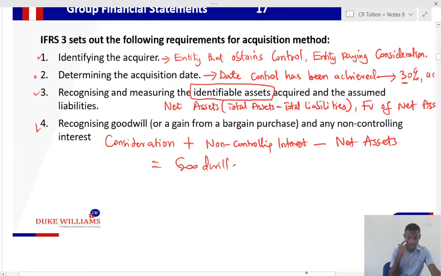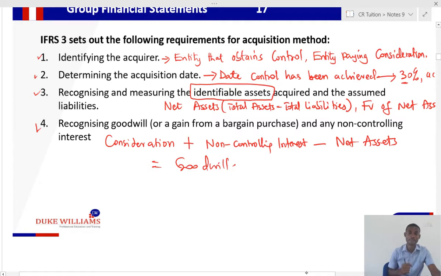Now, the last principle I want to indicate here is that on the date of acquisition, where the fair values cannot easily be measured, the IFRS 3 acquisition method allows 12 months from the date of acquisition for the investor to conclude on the fair valuation of assets.